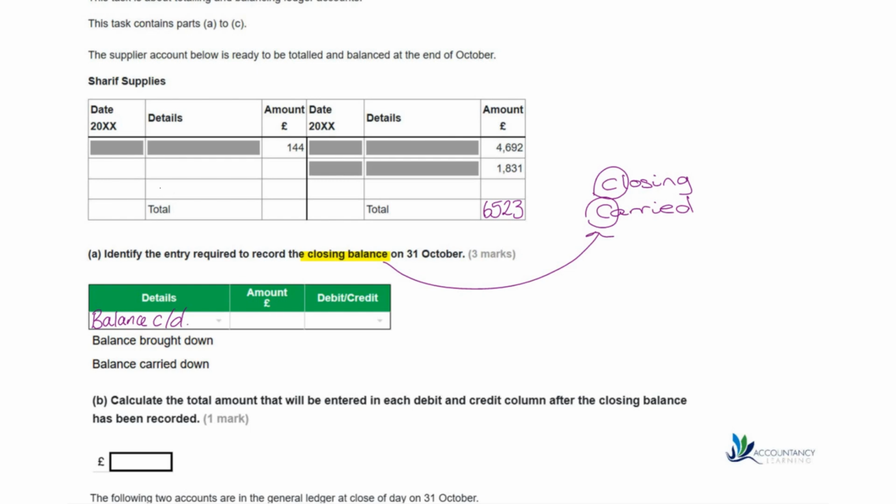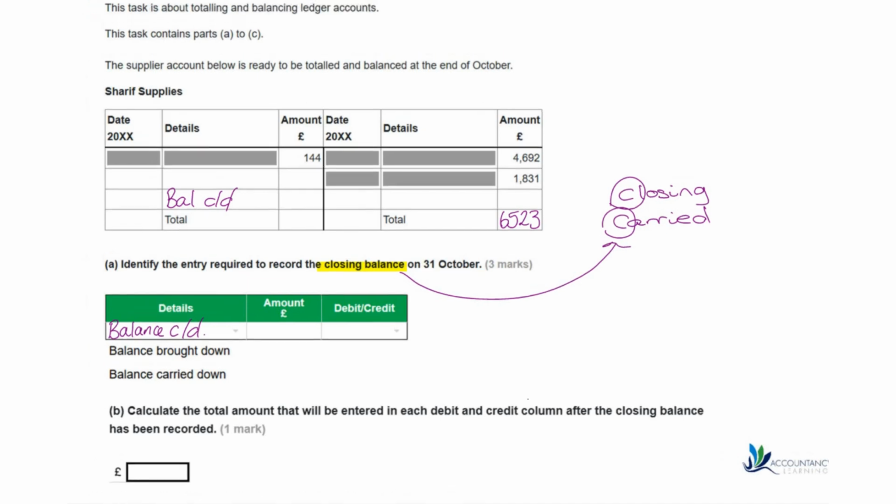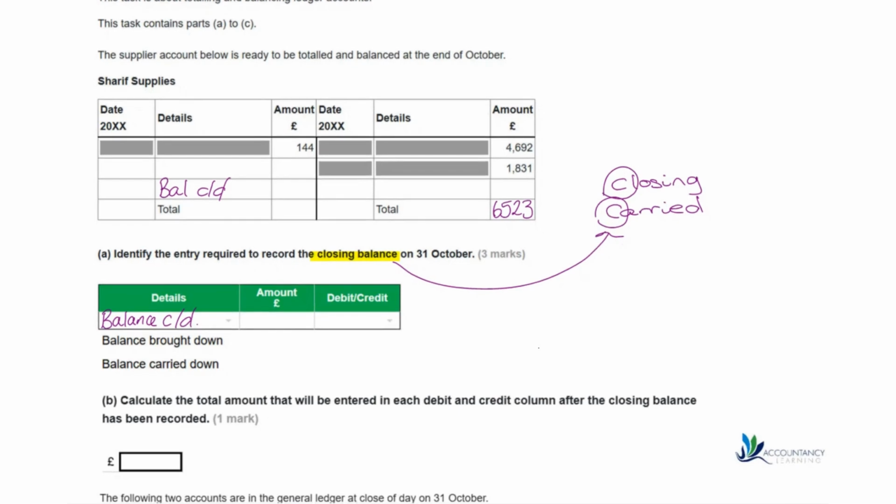And we need to find what will be our balance carried down over here. So we'll take the 144 away from the 6,523 to give us 6,379 as our amount. And you can see the carried down is on the debit side.